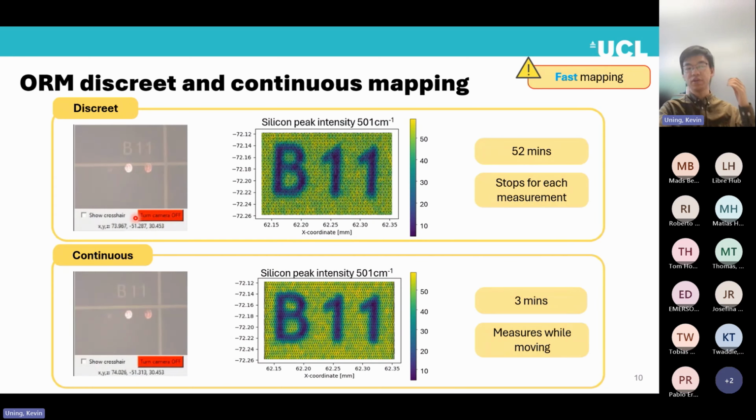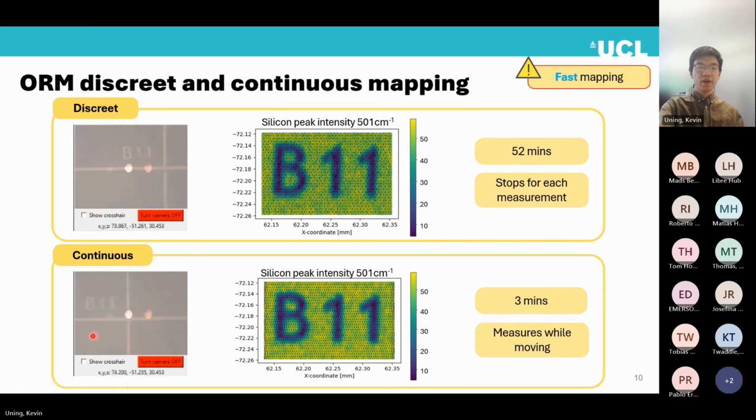As the name suggests, the discrete mapping method stops for each measurement. That is to say, the stage would move to a certain coordinate, perform the Raman measurement, wait for it to finish before moving on to the next one, and repeat, and so on. Whereas in the continuous mode, the stage would move in a snake pattern or a raster scan, and while it is moving, the spectrometer would perform Raman measurements continuously, one after another.